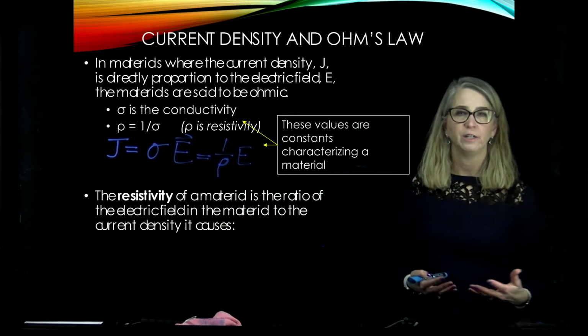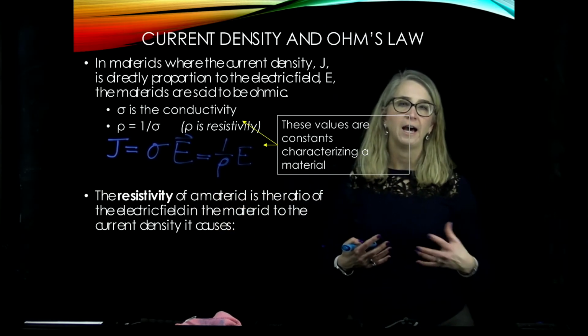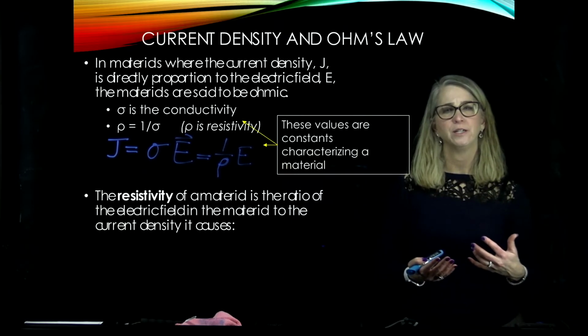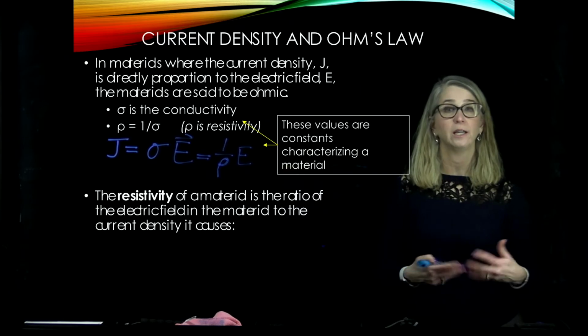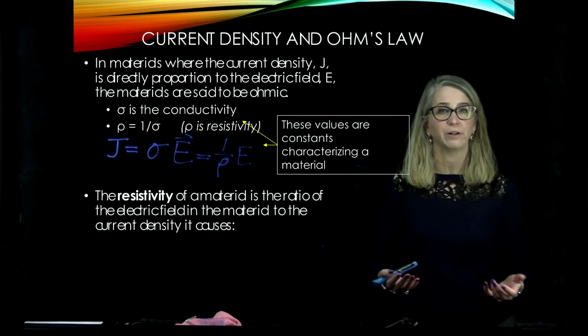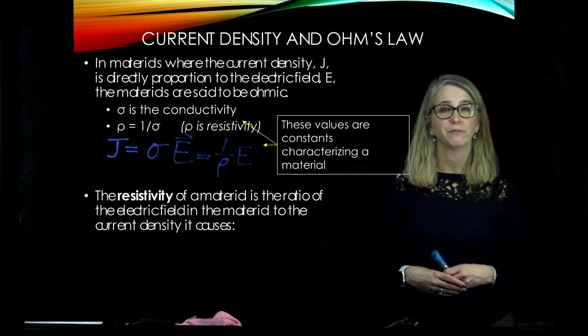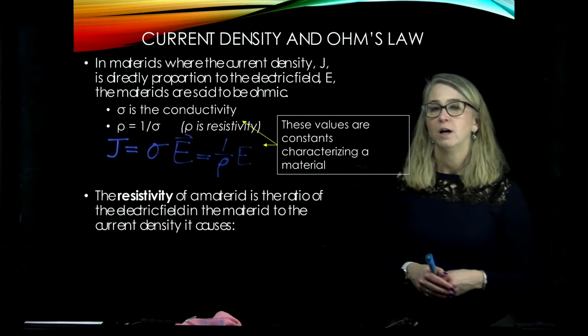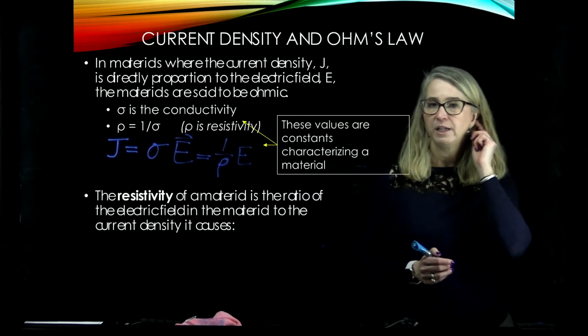The conductivity is a measure of how likely a certain material is to conduct electricity. If it has a high conductivity, it's going to be very easy to get electricity to flow in that material, and if it's low, it wouldn't be. So sigma is the conductivity.